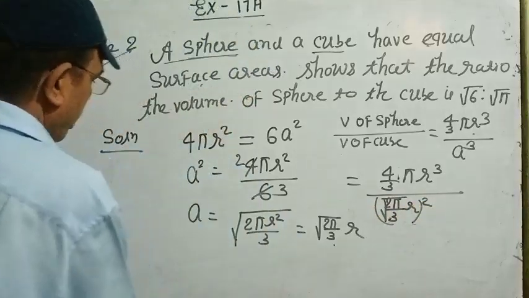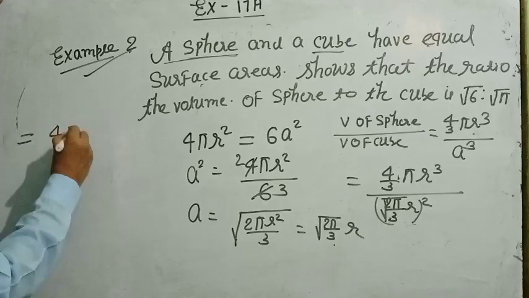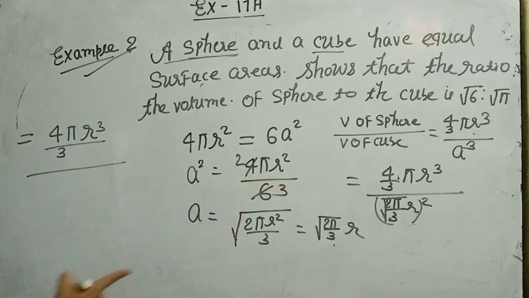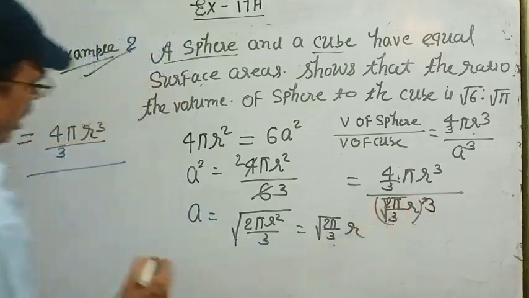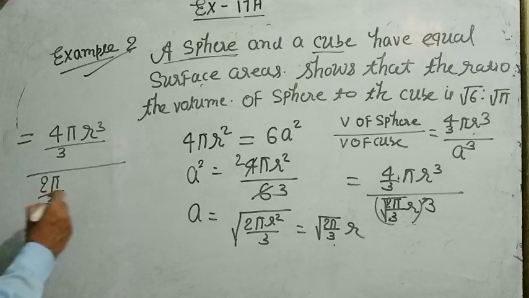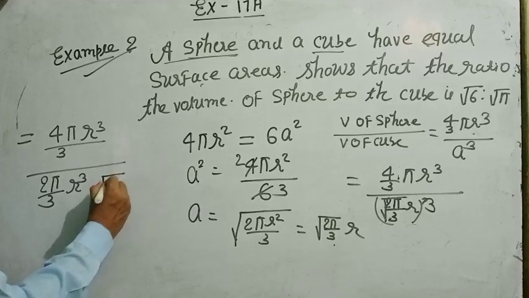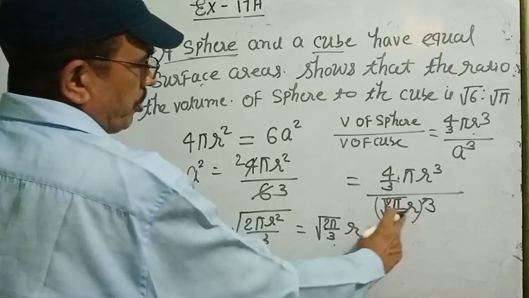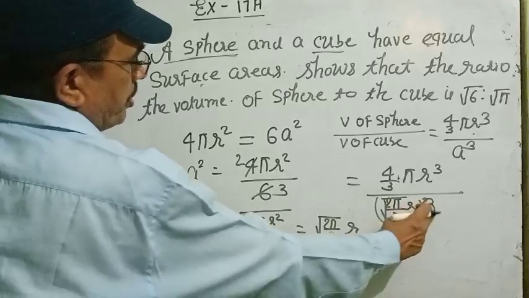Then what do you get here? You get 4 pi R cube by 3, divided by 2 pi by 3 under root, cubed, into R cube. How is it possible? If the cube is taken, two roots give 2 pi by 3 and one root remains, and the cube is R cube.